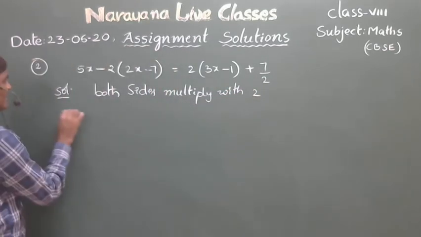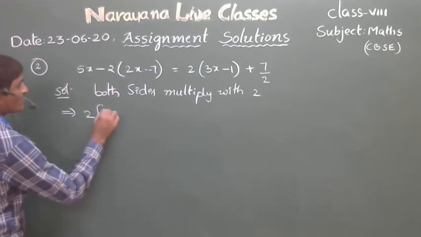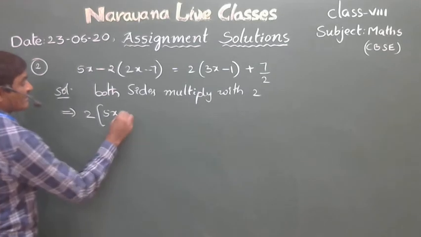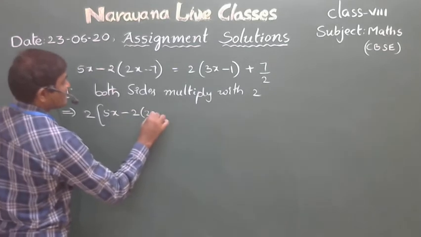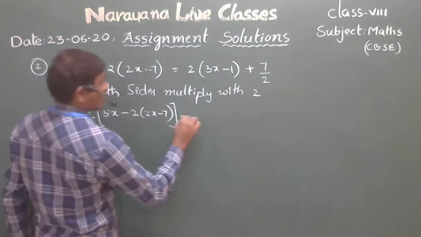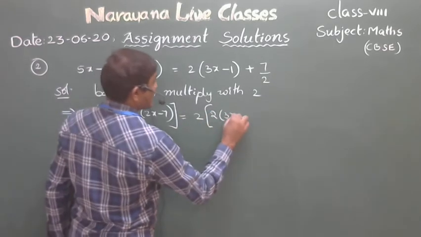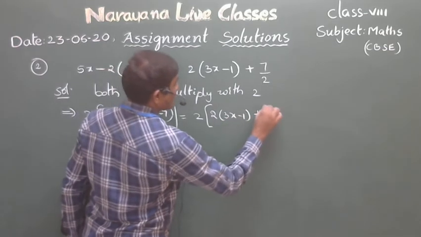Then what will you get? 2 into [5x minus 2 into (2x minus 7)] equal to 2 into [2 into (3x minus 1) plus 7 by 2].